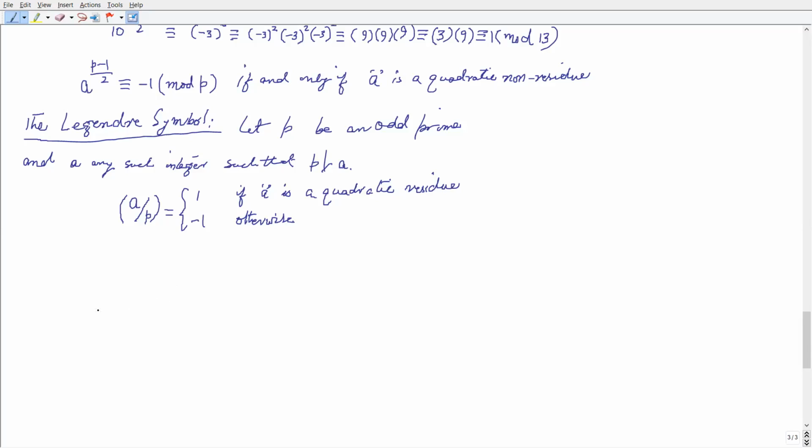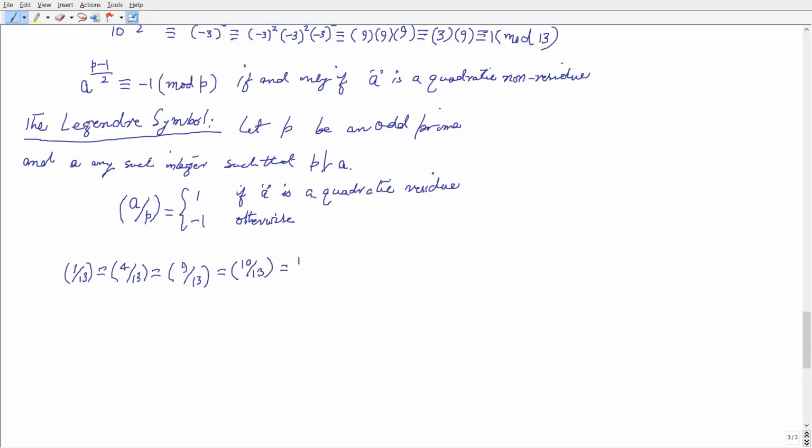So, for example, we know that 1 is a quadratic residue of 13, and 4 is also a quadratic residue of 13. 9 is also a quadratic residue of 13. 10 is also a quadratic residue of 13.